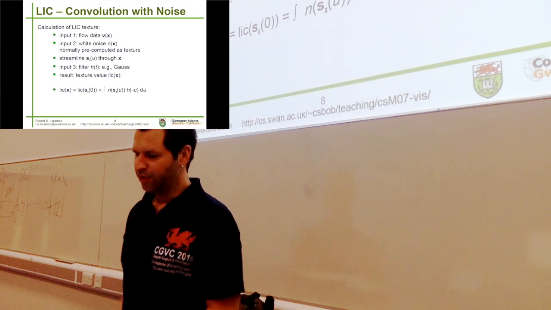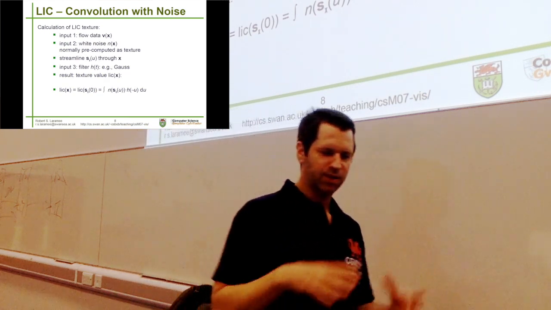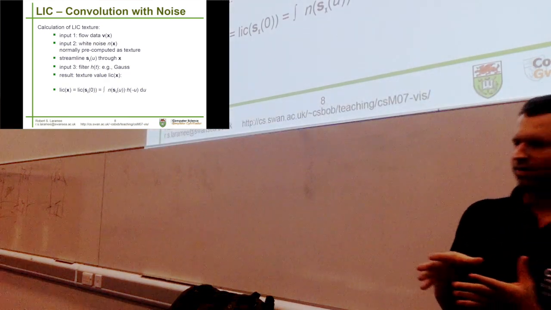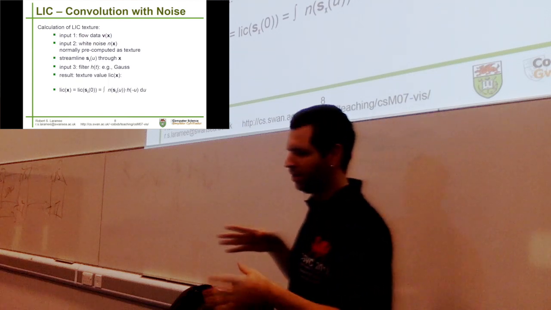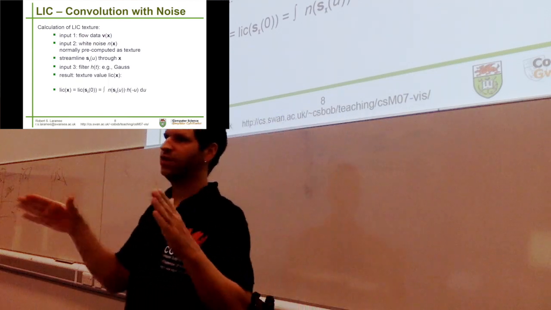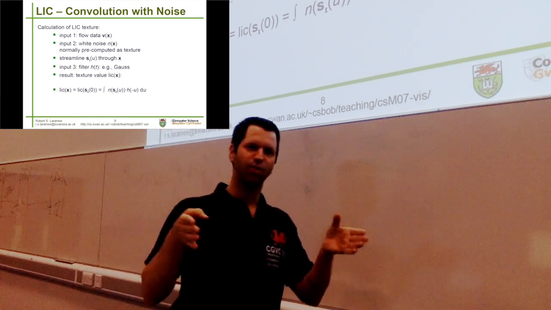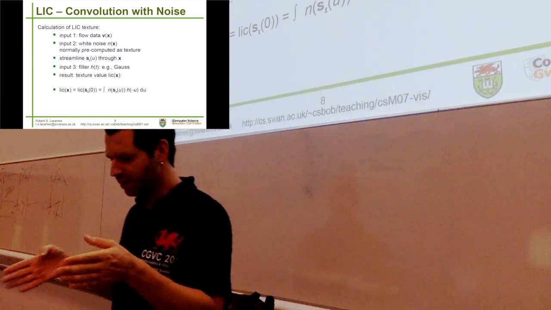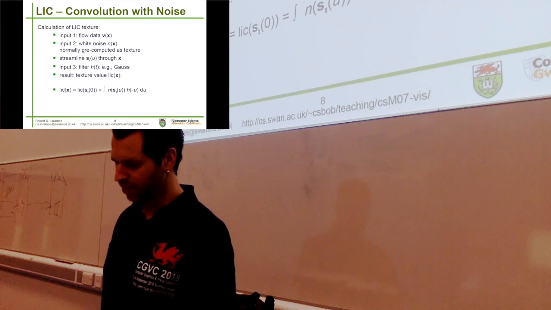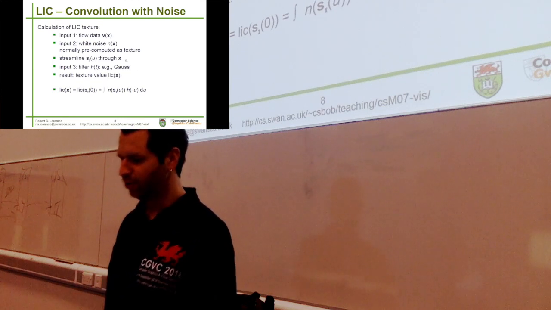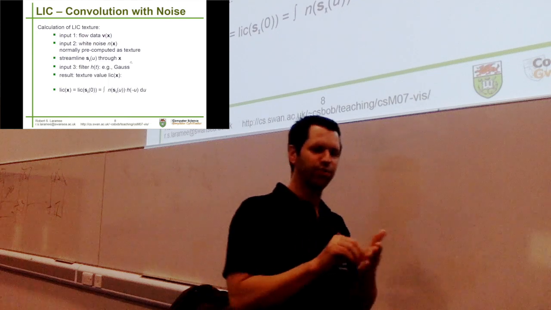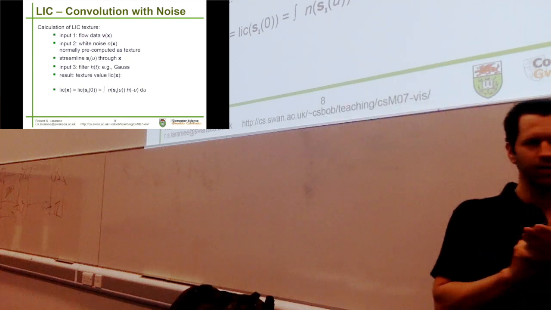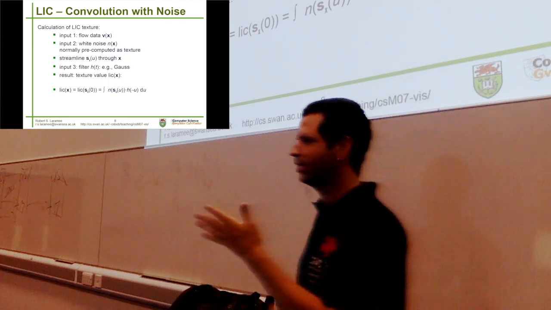So we input the flow data. That's obviously, we need a vector field. And we input a white noise texture map, and we map the whole thing onto the flow. And then, that's usually pre-computed, by the way. Then we compute a streamline through each point, forward and backward.